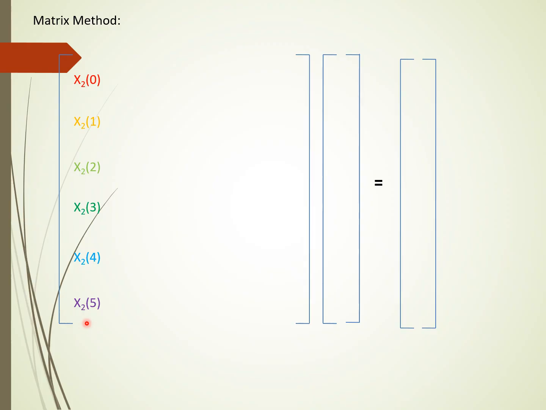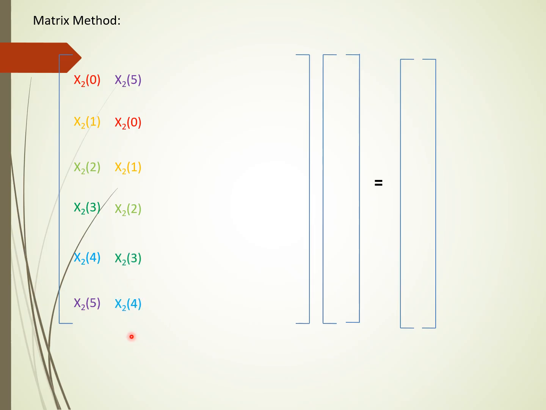The last element of the first column will move to the first element of the next column, followed by the subsequent elements of the previous column. So x2 of 5 will move up, followed by the successive elements of the previous column: x2 of 0, x2 of 1, x2 of 2, x2 of 3, and x2 of 4.